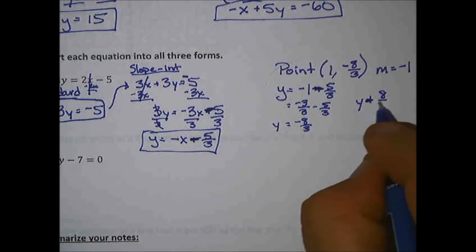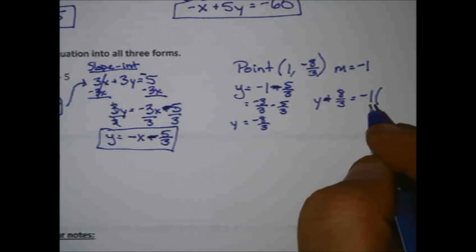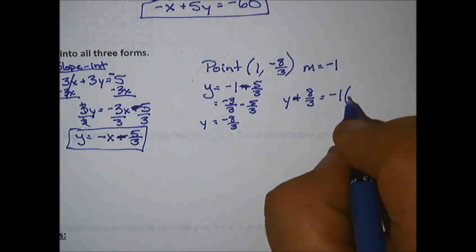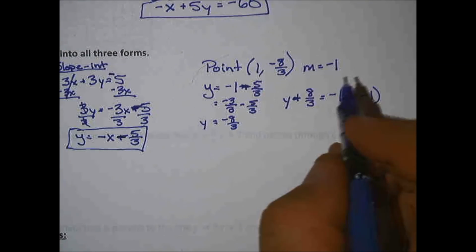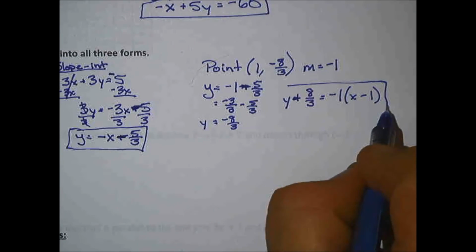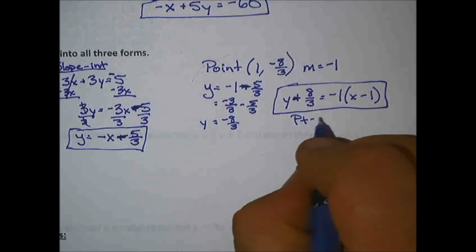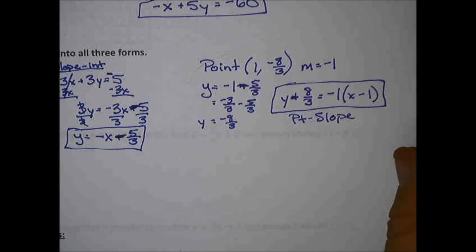So it'll be +8/3 equals my -1, and then my x minus my x coordinate, which is 1. All right, kind of an ugly problem. Didn't work out so well going into point-slope form, but that's what this is, point-slope. Okay, it works out. It's kind of ugly, but we can deal with it.